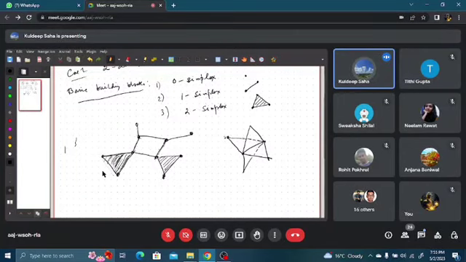But we can usually visualize these objects in our daily life, right? I can take pieces of paper like this and construct these things by hand. So this is an example of another two-dimensional CW complex.